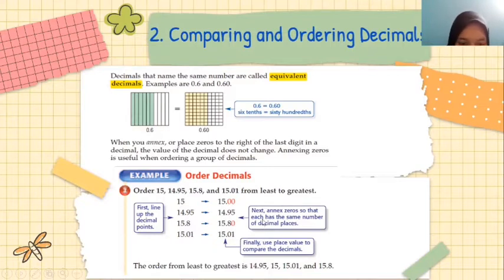So we find the least to greatest. The first one is 14.95, 15, 15.01, and 15.8.